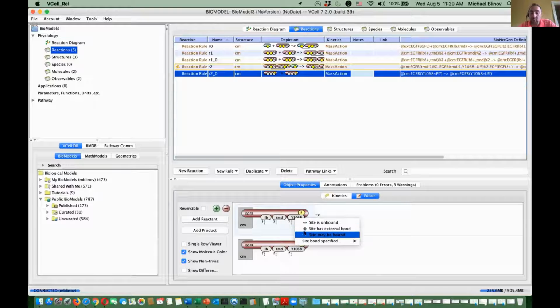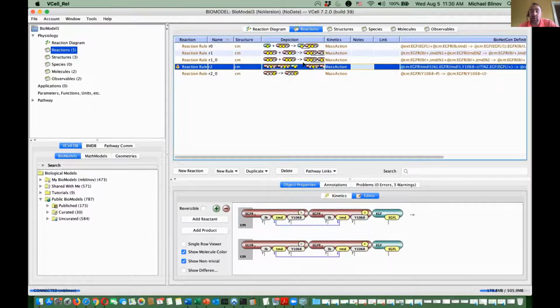So you say this site is unbound. And this is an irreversible dephosphorylation reaction that just tells you that once the site is unprotected by anything and is phosphorylated, it can be approached by phosphatase and be dephosphorylated. And this one is also irreversible because you need to have both dimer and EGF.